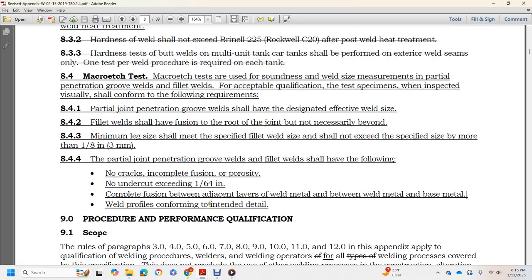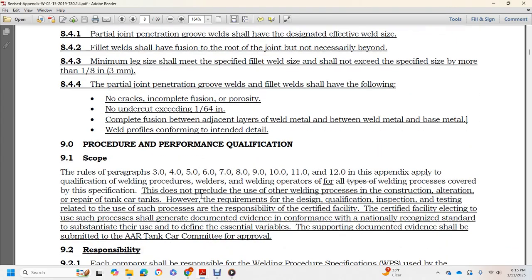9. Procedure and performance qualifications. 9.1 Rules. Paragraphs 3.0, 4.0, 5.0, 6.0, 7.0, 8.0, 9.0, 10.0, 11.0 and 12.0 of the appendix apply to the qualification of welding procedures, welders and operators for all welding processes covered by the specification. This does not preclude using other welding processes for the construction, alteration or repair of tank car tanks.